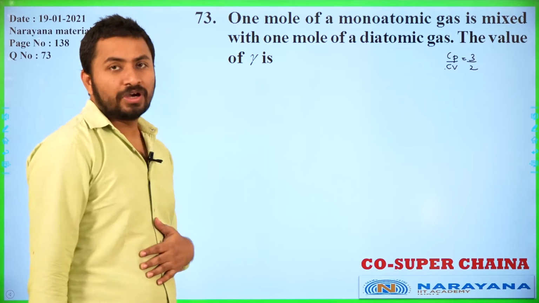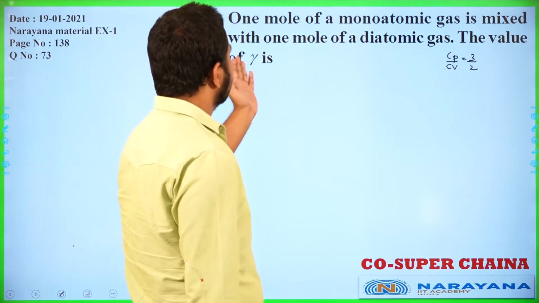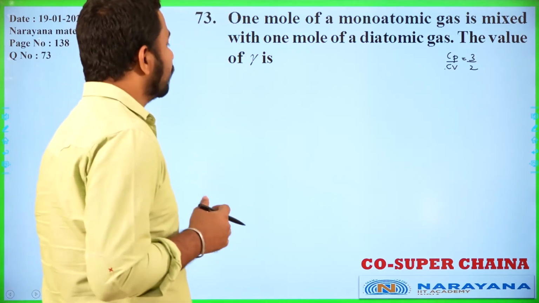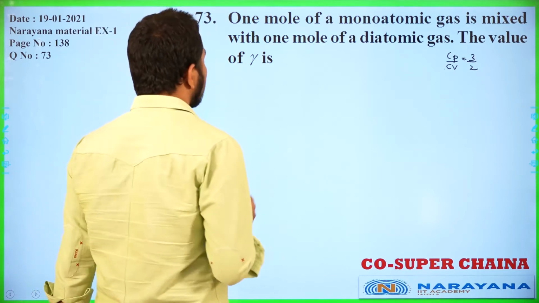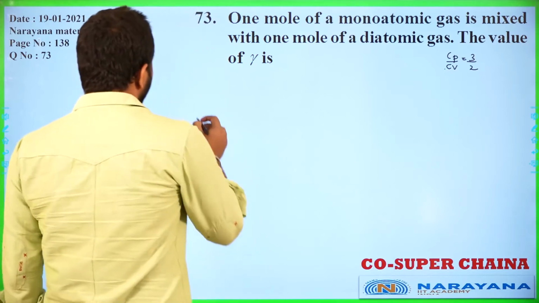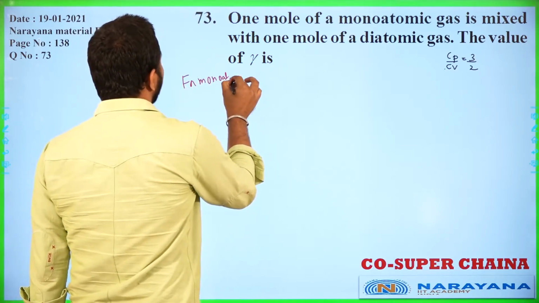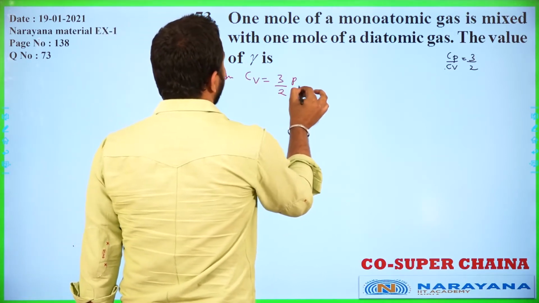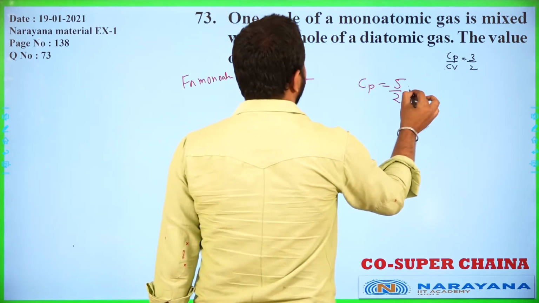1 mole of a monoatomic gas is mixed with 1 mole of a diatomic gas. Here in the question, student, we have to calculate the value of gamma. So we know for monoatomic, Cv will be 3 by 2 RT and Cp will be 5 by 2 RT.